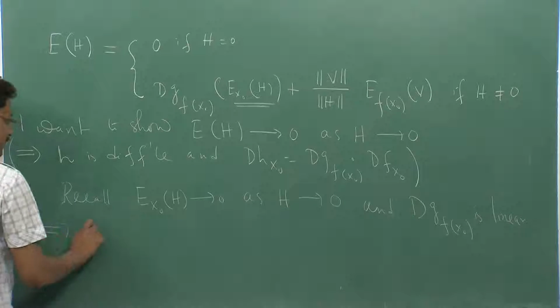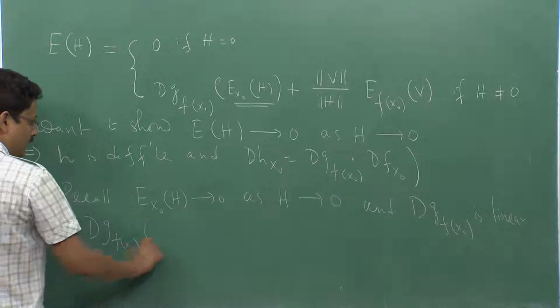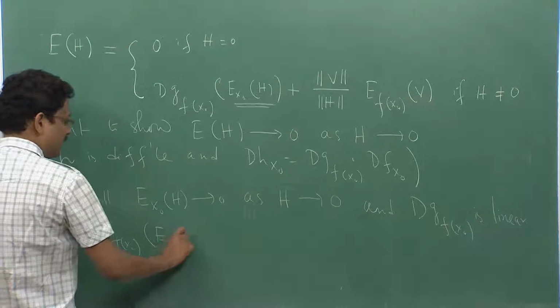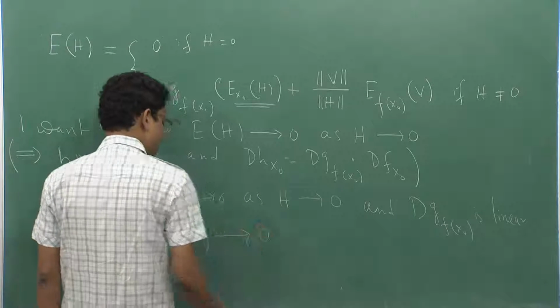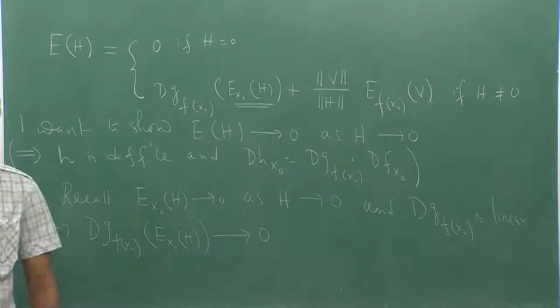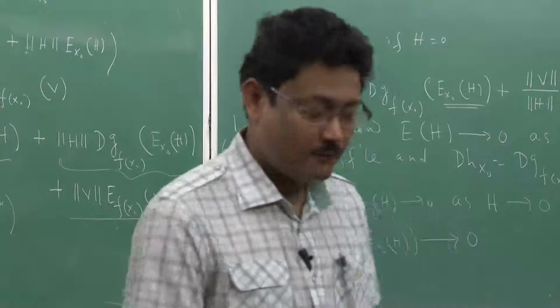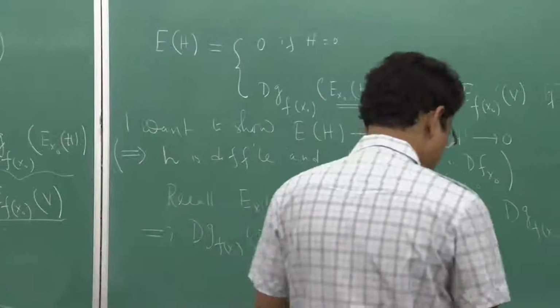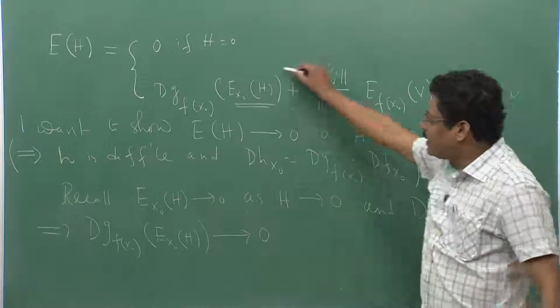So, that implies d g at f x naught applied to E x naught h goes to 0. I have used that if A is a linear operator and x n is a sequence of vectors such that x n goes to 0, then A of x n goes to 0. Straightforward linear algebra. So, this part is taken care of.